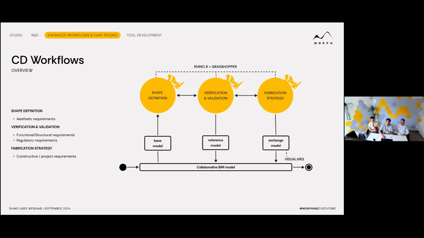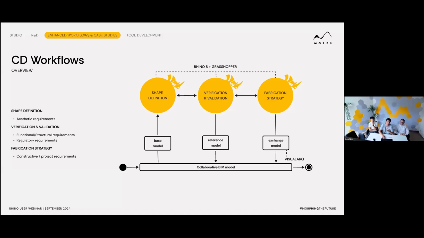Then we always need to collaborate, so we need to provide feedback in some way to the rest of the design team. And if needed, we sometimes will need to refine our model and incorporate further information and development to achieve construction requirements, for example.